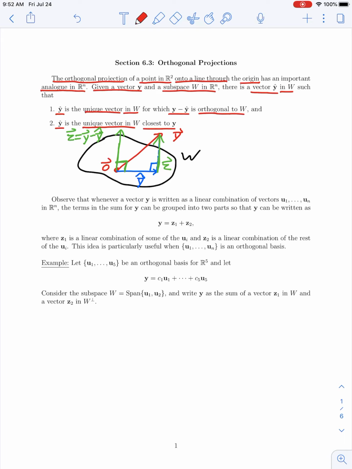So let's consider the following in order to arrive at this result.